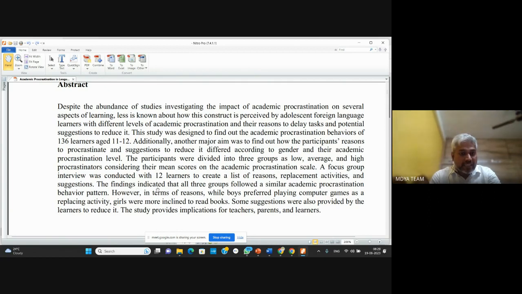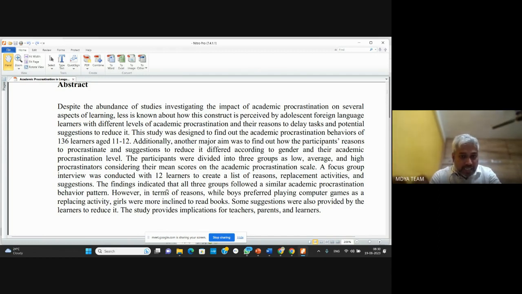Replacement activities and suggestion. The findings, here the findings start, means result and conclusion start. So from this line, the fourth line, to reduce it and full stop, this included the complete introduction. After that, these two or three lines included the aim, objective, sampling and methodology, and in the last four lines you will find the result.